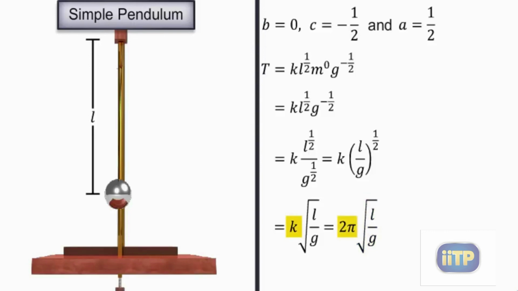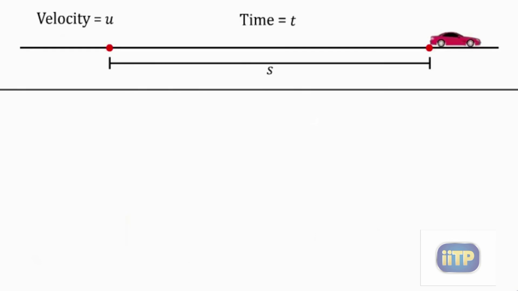However, this method cannot be applied to derive equations where addition or subtraction of different terms is involved. For example, we cannot derive the equation s equal to ut plus half at square using dimensional analysis, even though we checked its dimensional consistency.